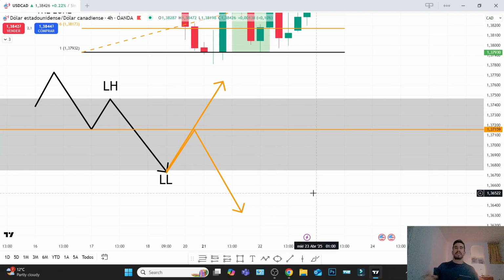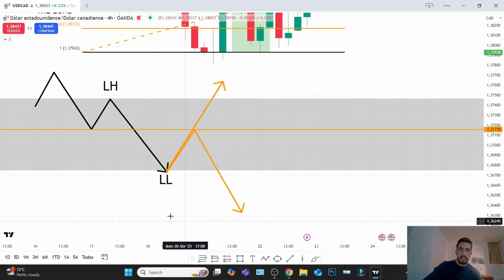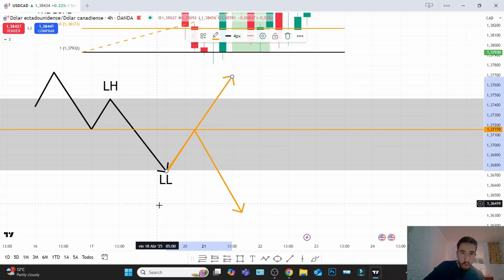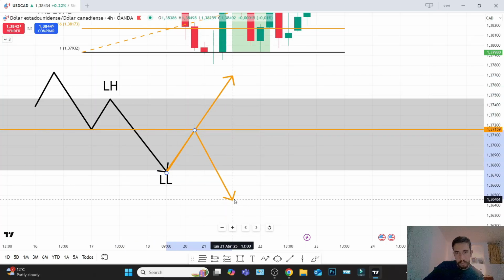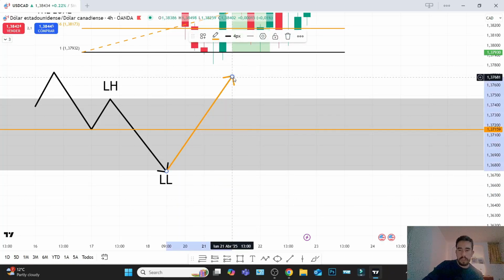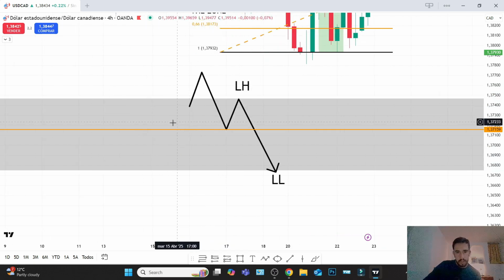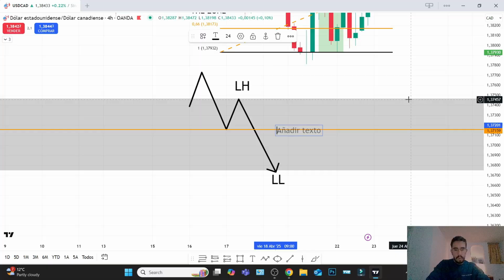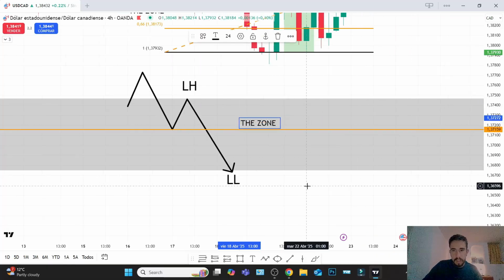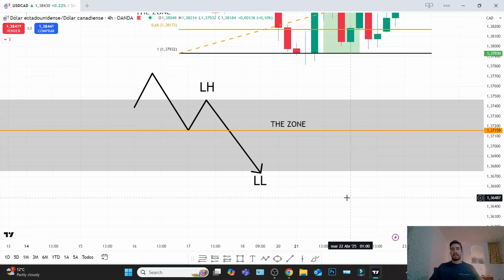It has moved from bearish to bullish if it goes here, or it's gonna go for the zone and then go down. So normally what we want to do is to look for this zone. This zone is really important. I don't know if you want to take a screenshot of this, because this is the best way I think I can explain it.